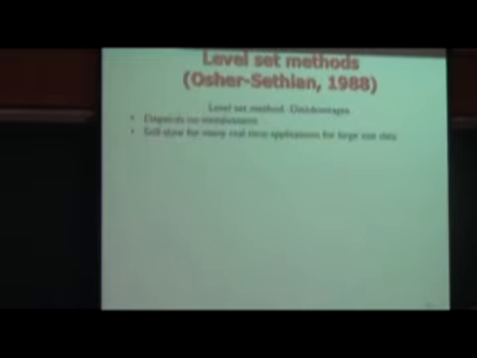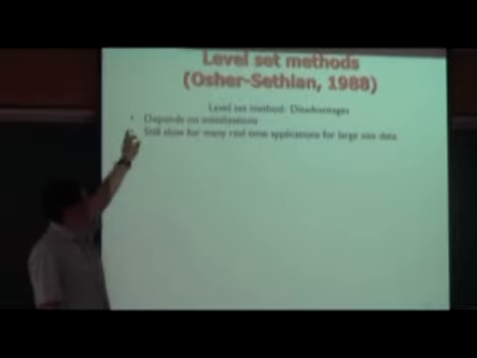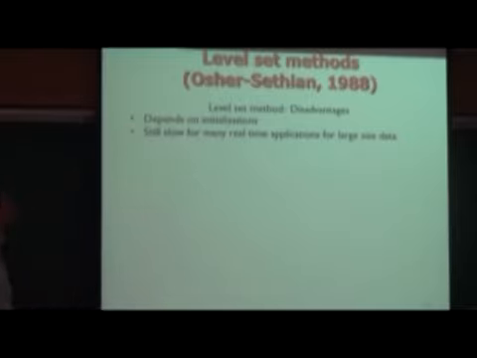But you see that you still want to get something better. Even though level set is very good, you still want to get better. One thing is that, especially for image segmentation, level set depends on initialization. Later I'm going to show you one example. If you use a level set method for segmentation and start with one initialization, you get one segmentation.